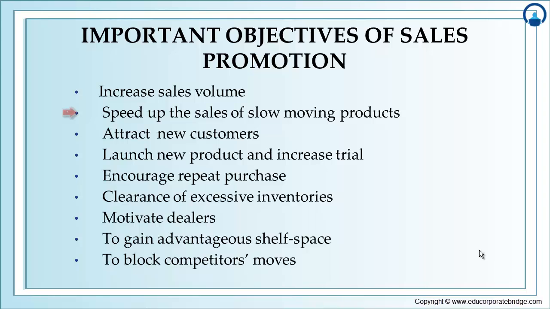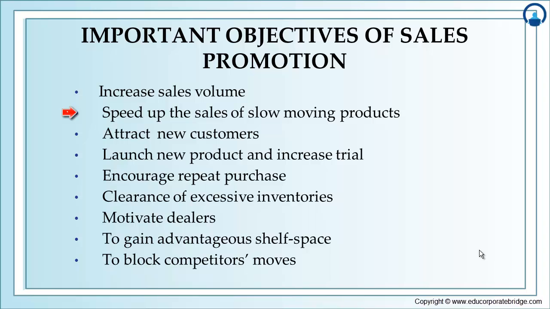Then next is speed up the sales of slow moving products. Now if suppose I am a company and I have two products, one is doing extremely well and the other is not doing so well. Say for example, if Himalaya neem face wash is doing excellent, but the Himalaya shampoo or maybe the Himalaya soap is not doing well.